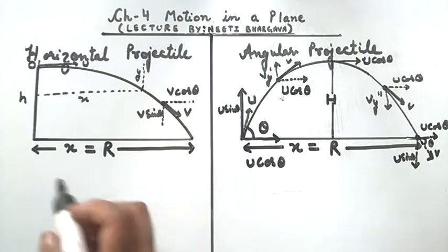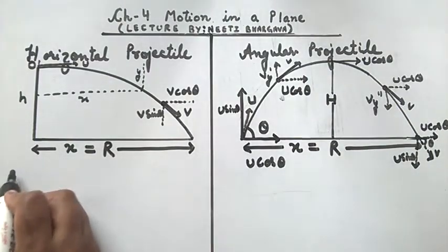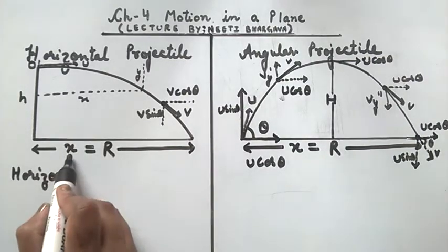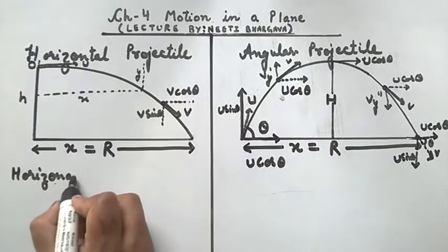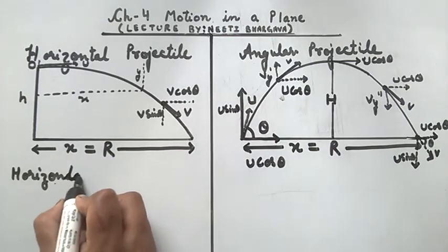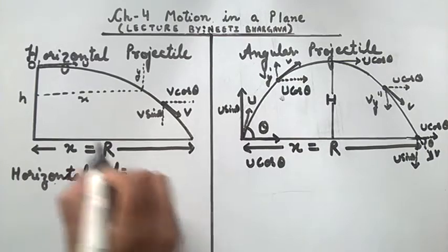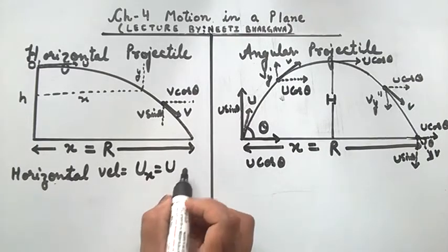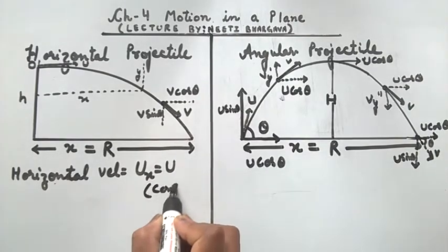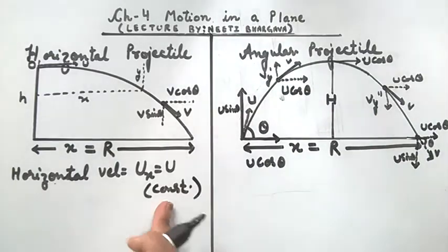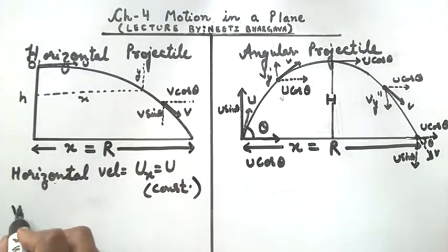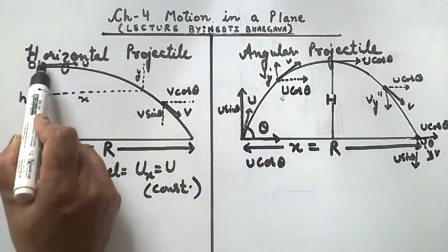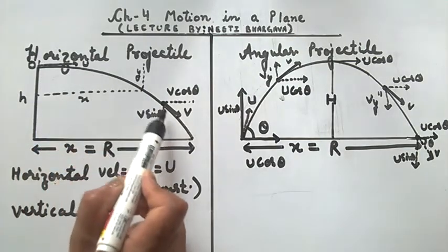Now let's understand about its horizontal values. Horizontal displacement is x, vertical displacement is y, horizontal velocity is constant, which is equal to u, ux is equivalent to u, which is constant or uniform. As it is uniform, therefore acceleration will be 0. And in case of vertical velocity, initially vertical velocity is 0, but as the time passes velocity goes on increasing.